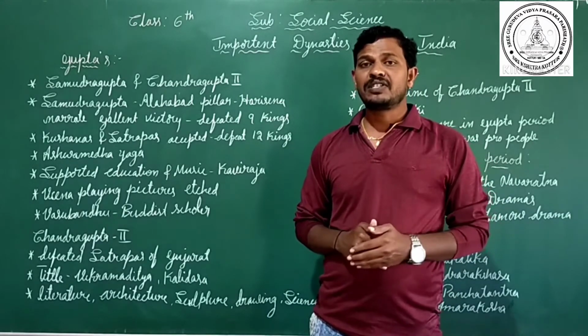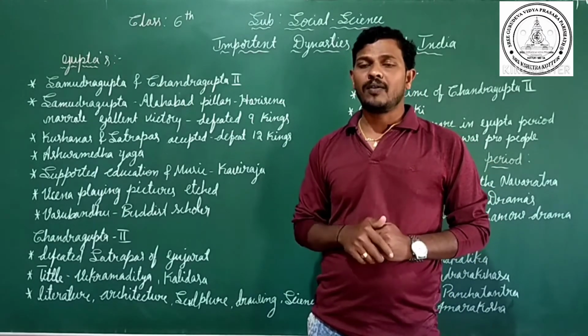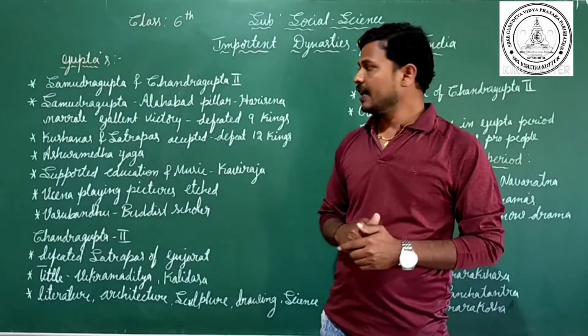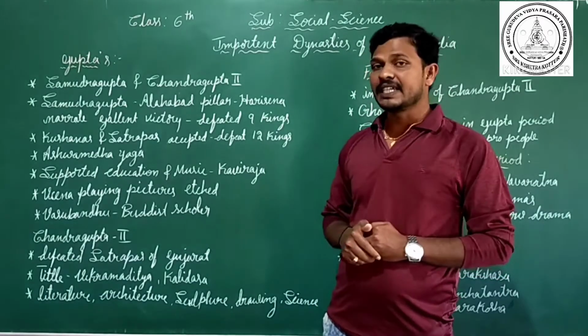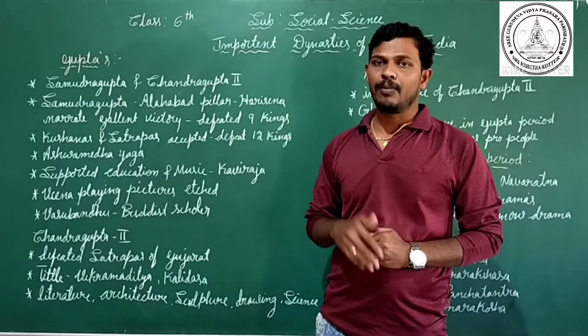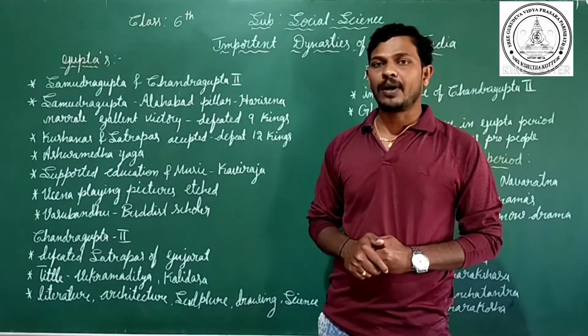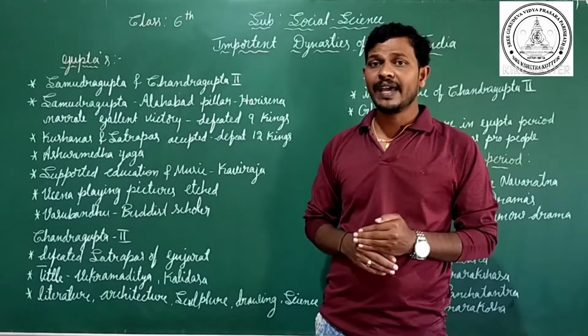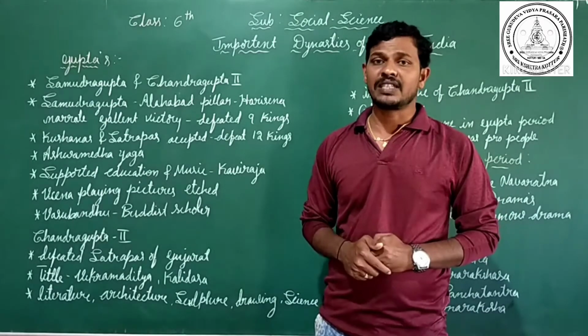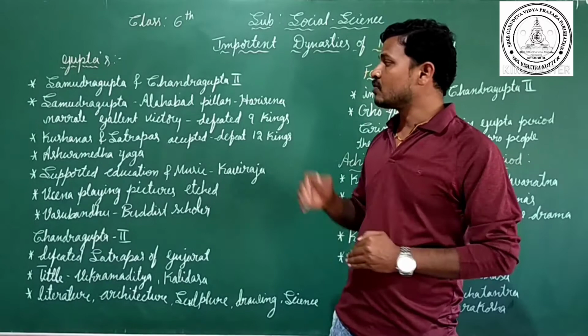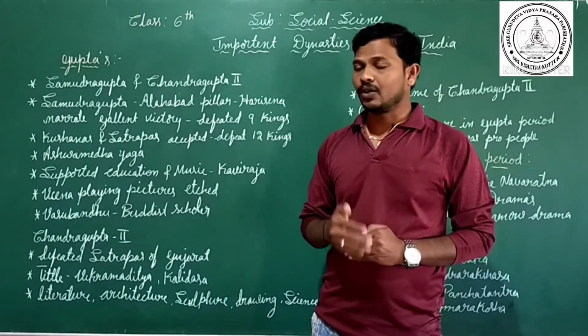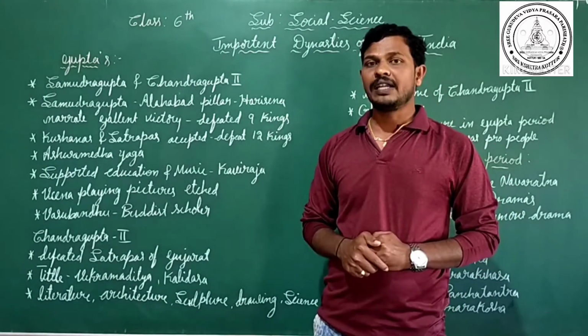Samudragupta established his kingdom in the northern part and southern part of India. This Allahabad inscription describes that he defeated 9 kings from the northern part of India, and 12 kings from the southern part of India, including Kushanas and Satrapas. The Kushanas belong to Afghanistan.